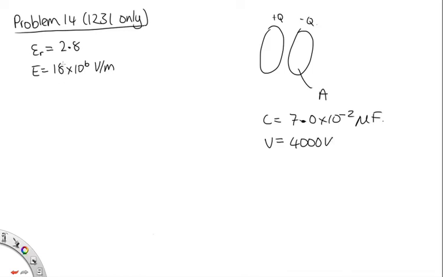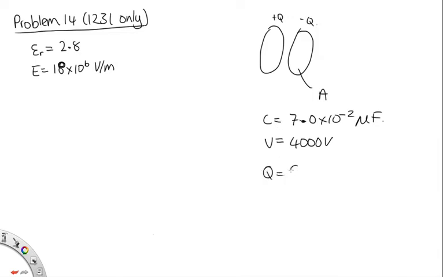Now this is the maximum electric field they can withstand, so we're going to need to work out what electric field we have inside the plates here. So we're going to have to use Gauss's law, but to do that we're going to need to know what charge is on each of these plates. So we know the capacitance when the voltage is 4,000 volts, so we can use this to work out the charge.